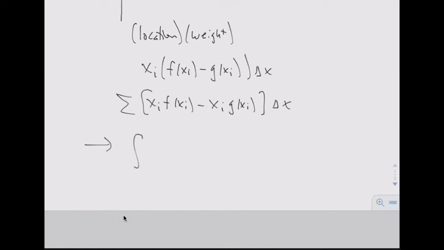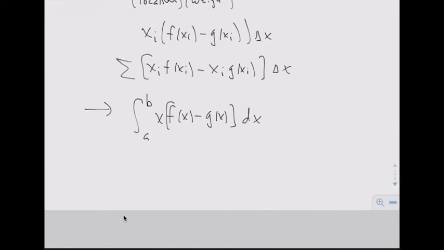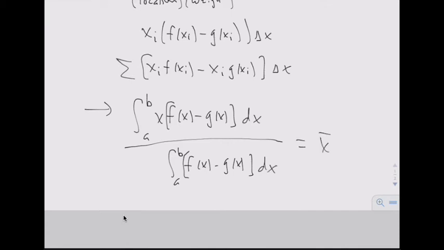So this becomes the integral from a to b of x times f of x minus g of x dx. Now that's just the numerator. So now we divide by the total, quote, mass, which is simply the total area between the curves, the integral of f of x minus g of x dx. And so that gives us the x-coordinate of the center of mass.